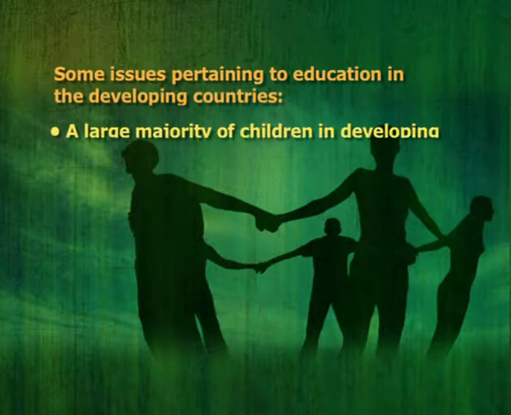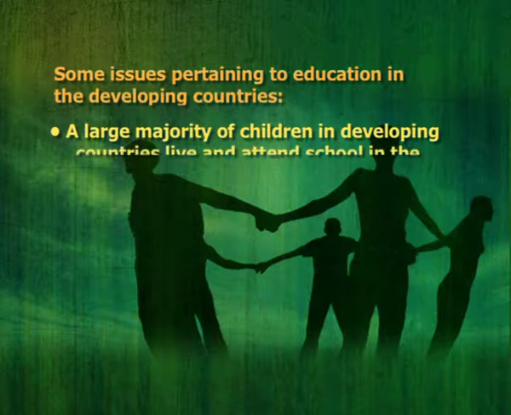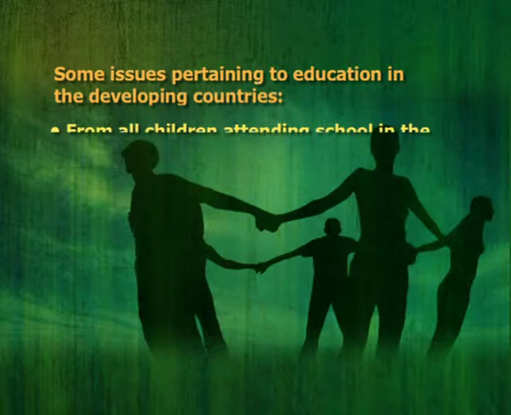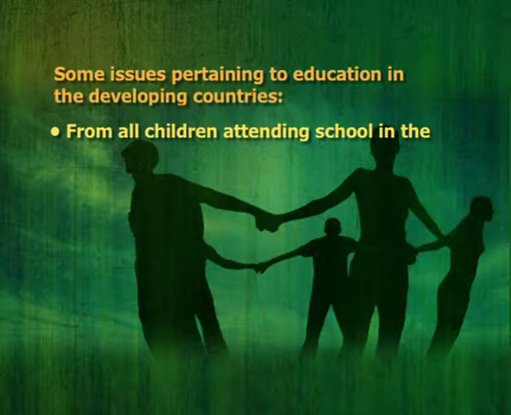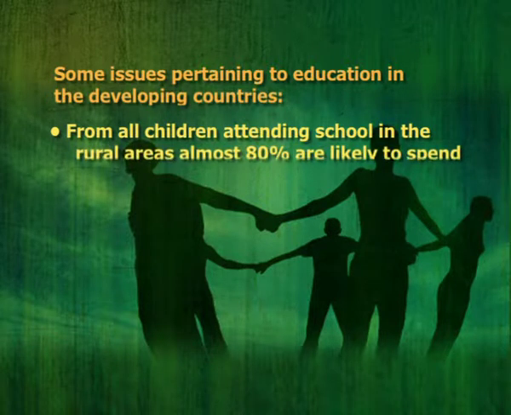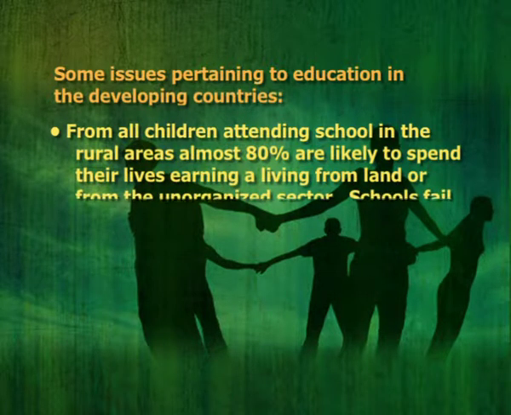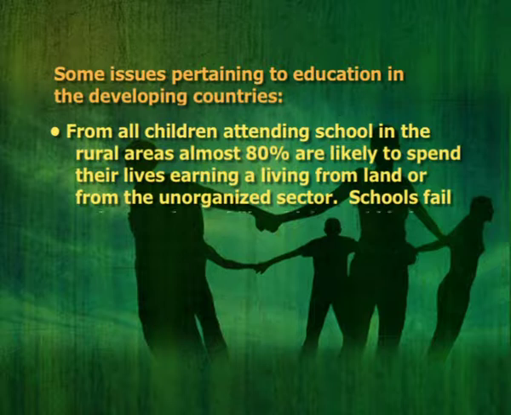A large majority of children in the developing countries live and attend schools in the rural areas. From all children attending schools in the rural areas, almost 80% are likely to spend their lives earning a living from land or from the unorganized sector.